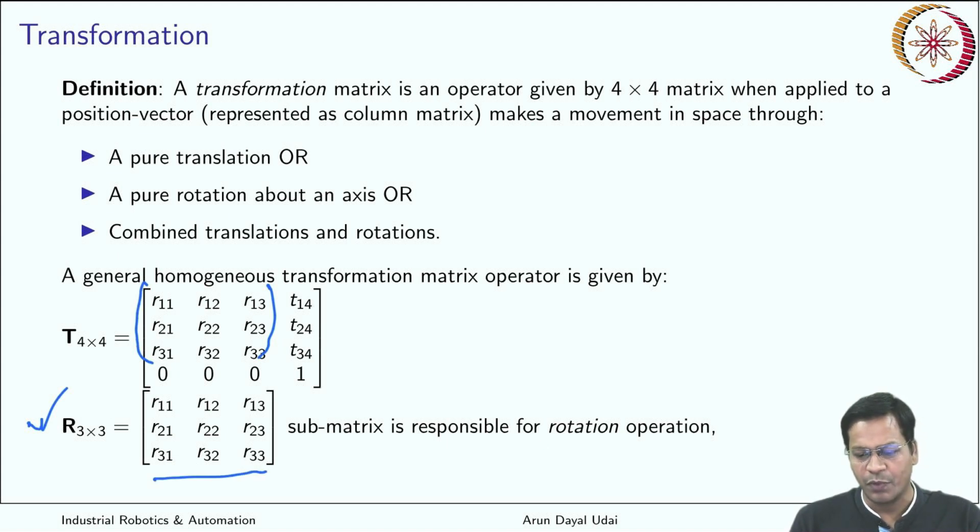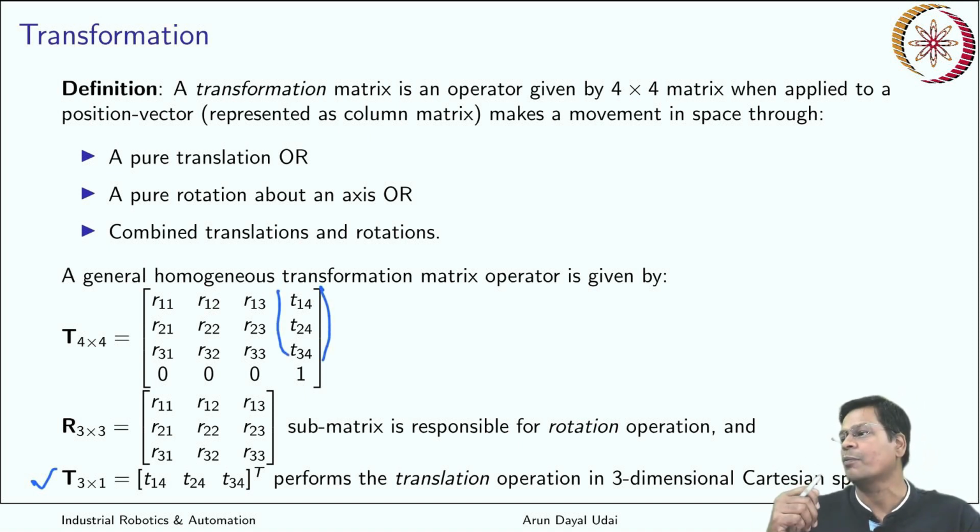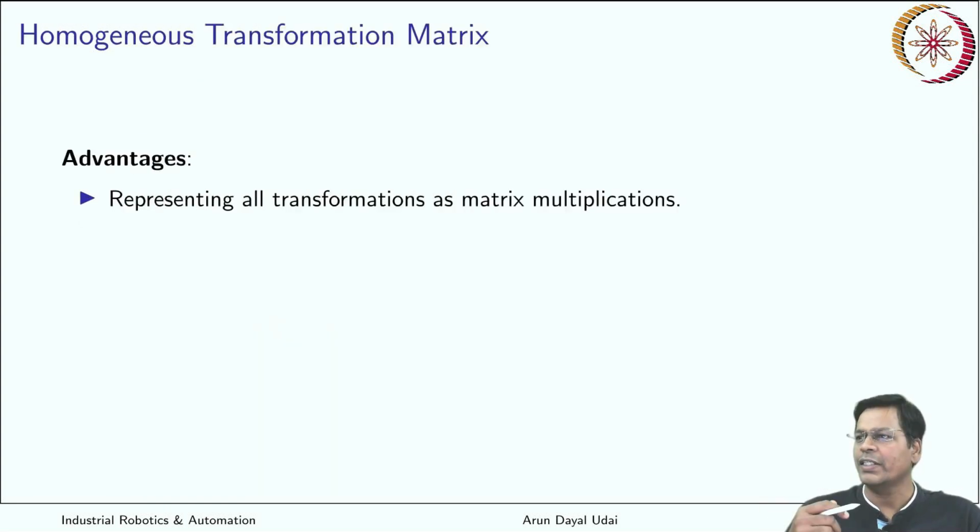This submatrix is responsible for the rotation operation of that frame, and the last column, this one, performs the translation operation of a 3-dimensional Cartesian space vector. So let us see what advantages this can offer.